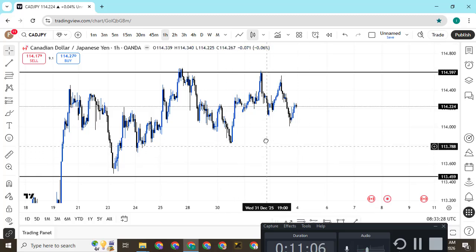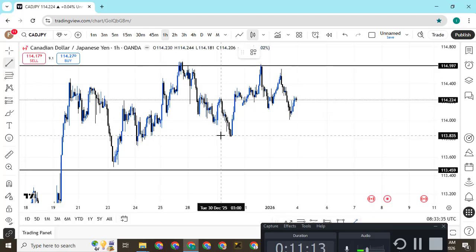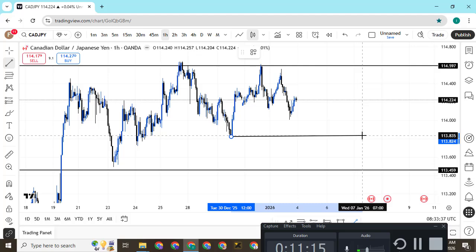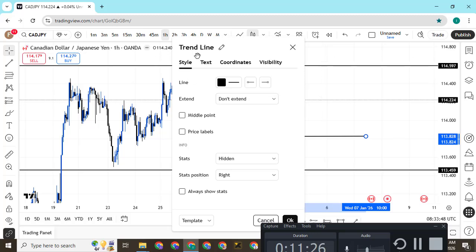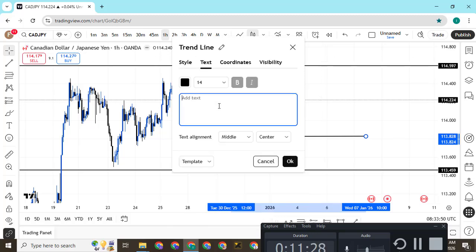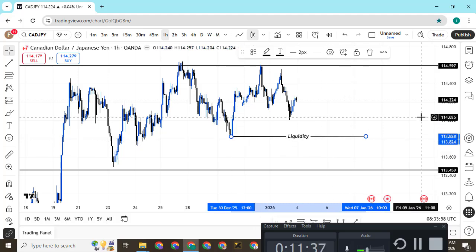So what we're going to be doing is that I see this point as liquidity to me. I will name it as liquidity.